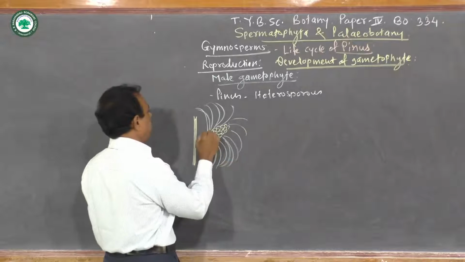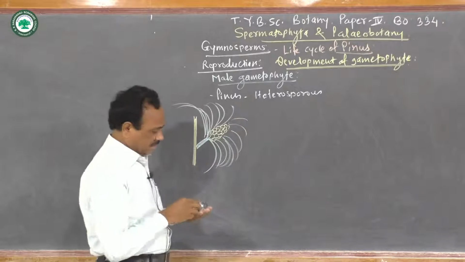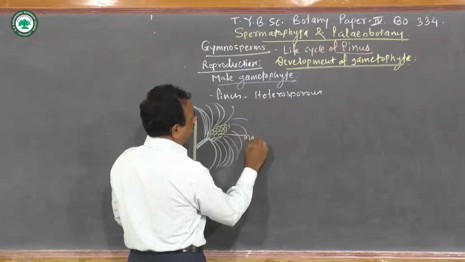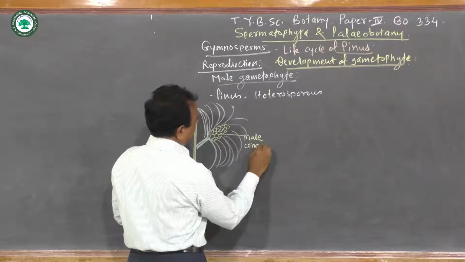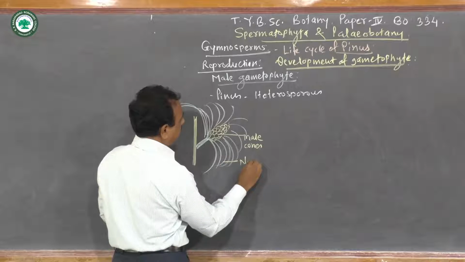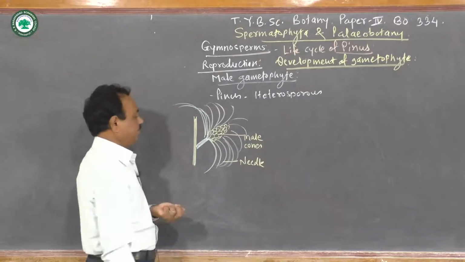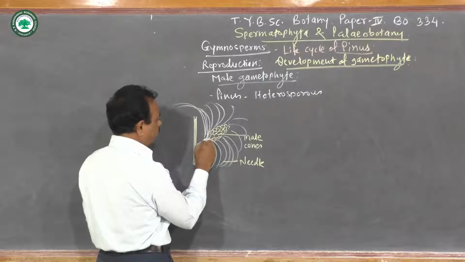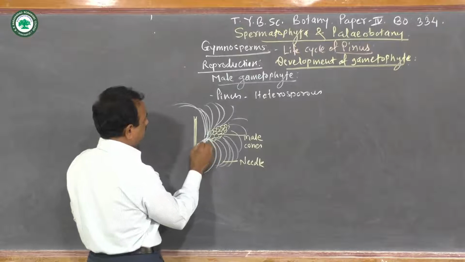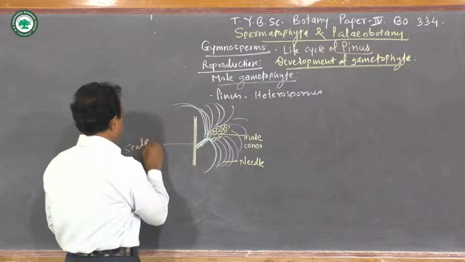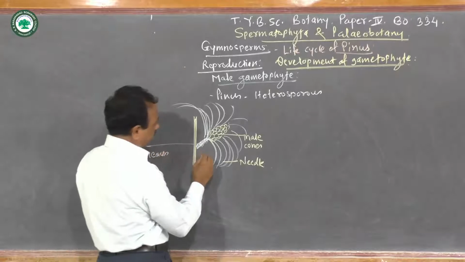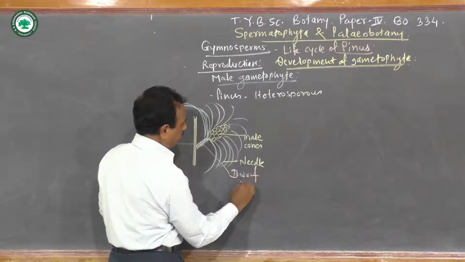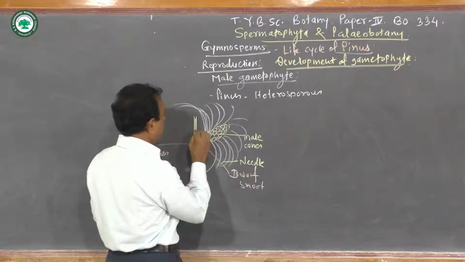The leaves are needle shaped, and that's why they are called Pinus needles. So these are the male cones of Pinus, and these are the needles, the leaves of the Pinus. And on this dwarf shoot, many scale leaves are present. So these are the scale leaves, and this is the dwarf shoot, and this is the main shoot.